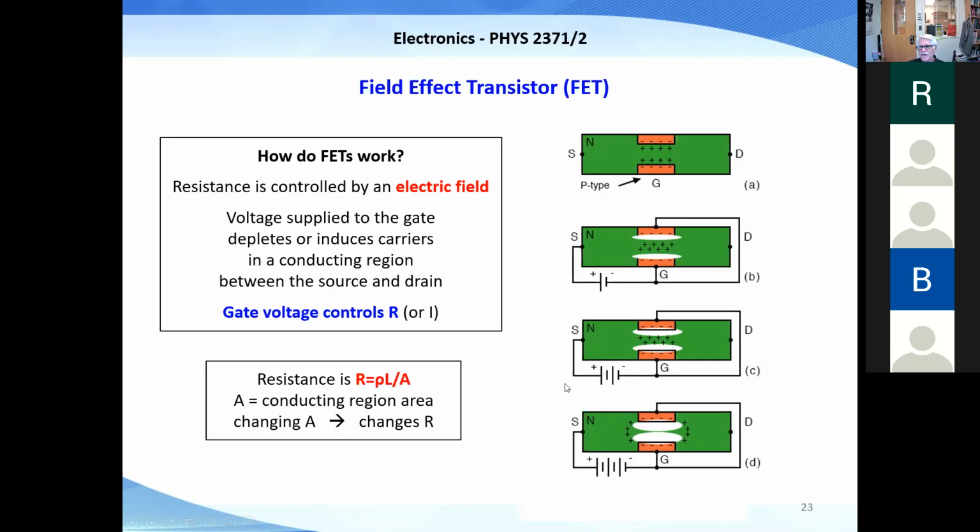It's a simple resistance device controlled by an electric field. That's why they call it field effect. It's an electric field that pushes charges one way or another. That's why they call it FET, field effect transistor. It sounds a lot simpler, doesn't it?